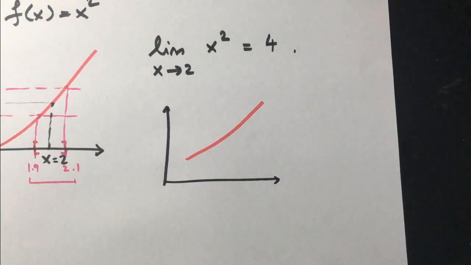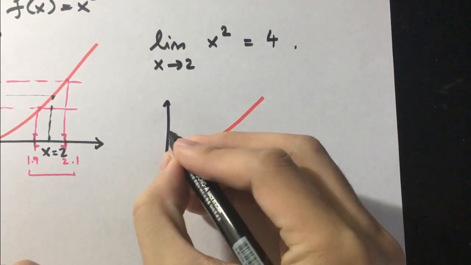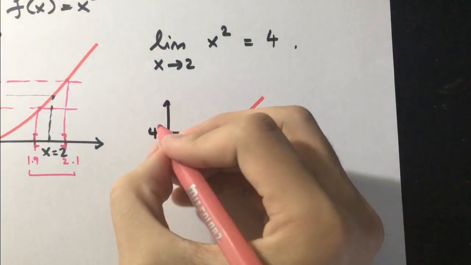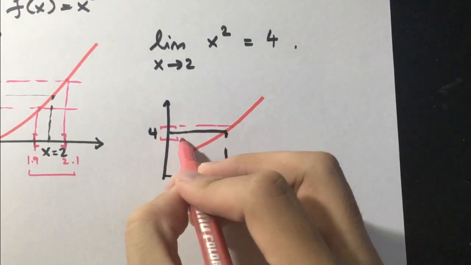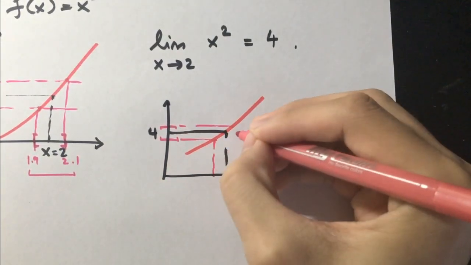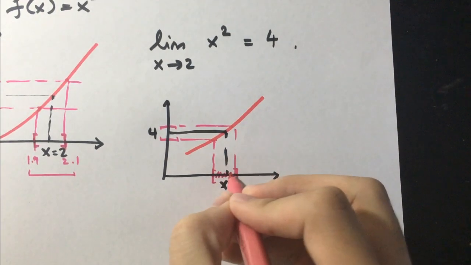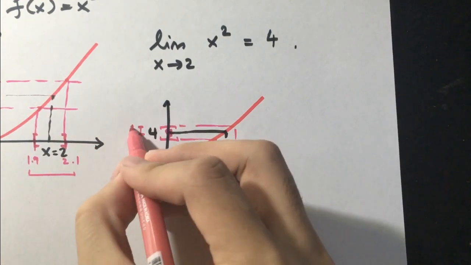A line like that. So again, at x equals 2, this is 4. I can make a box even smaller, just covering 4, and we can still find a box around this point of x where all the numbers there will be within this box.